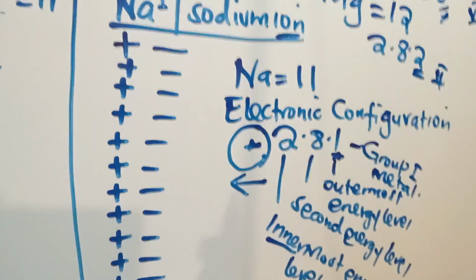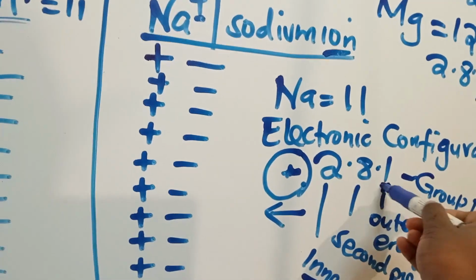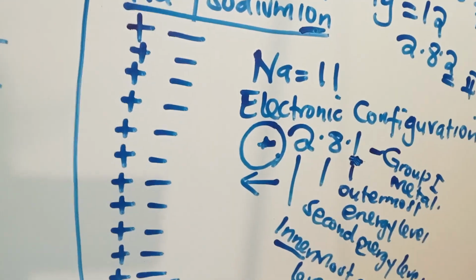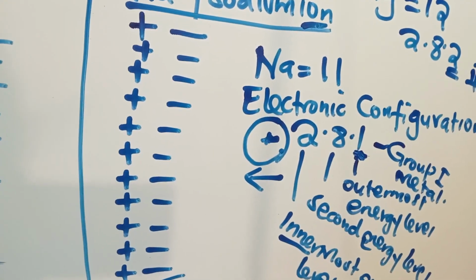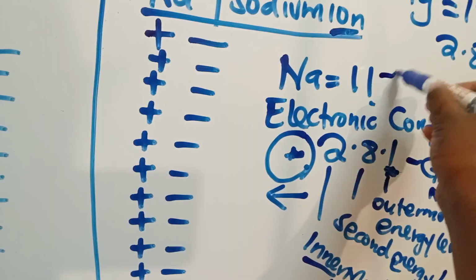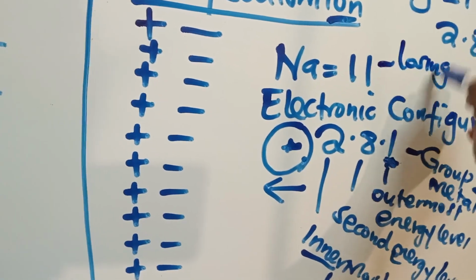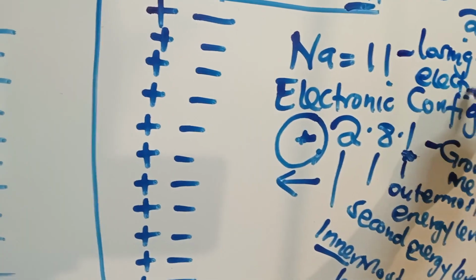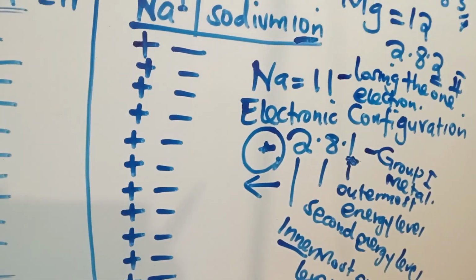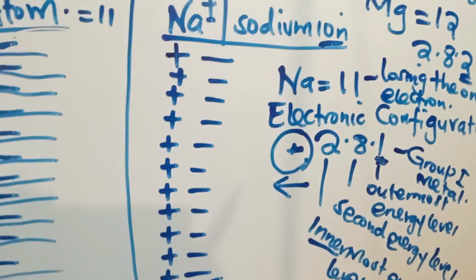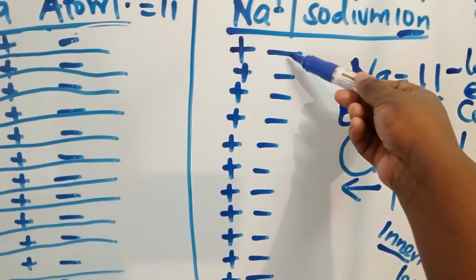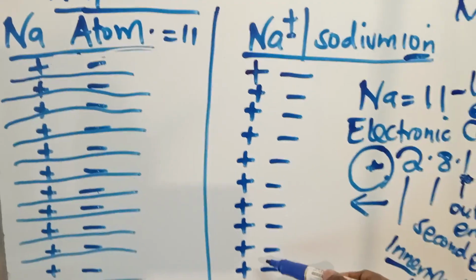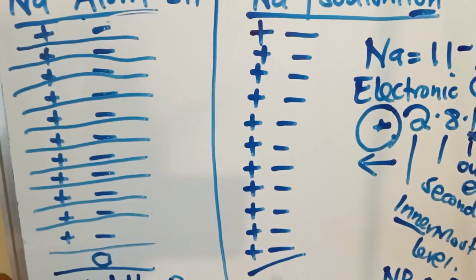Sodium being in group 1, and being a metal, will react by losing the one electron in the outermost energy level. So you will go to the side of the negatives because sodium is losing an electron.